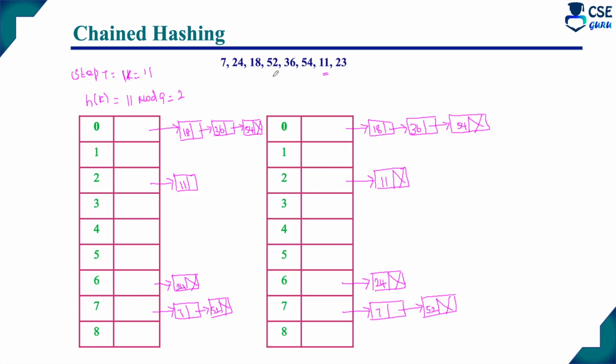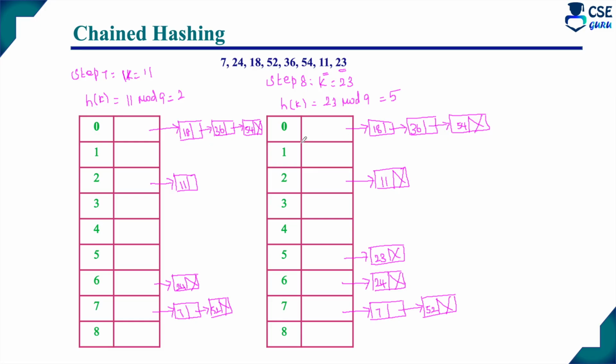Next, step 8. Consider the last element, key is 23, and hash function h of k is equal to 23 mod 9. And here you will get 5. So, in the 5th memory location, place the element 23.